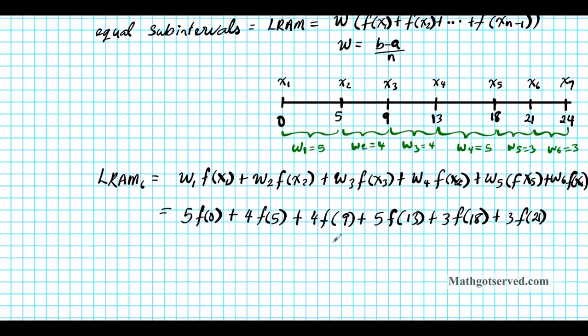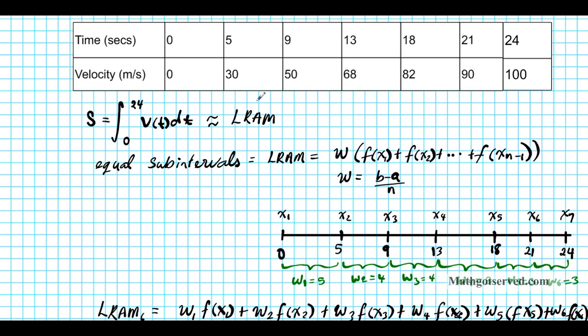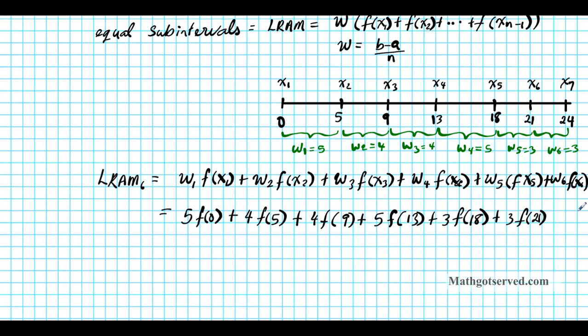To find these output values, we simply make use of this chart right here to find f of 0, 5, 9, 13. Let's go ahead and do that.